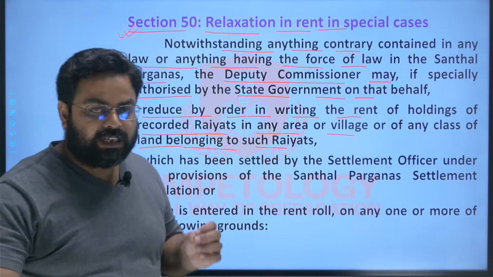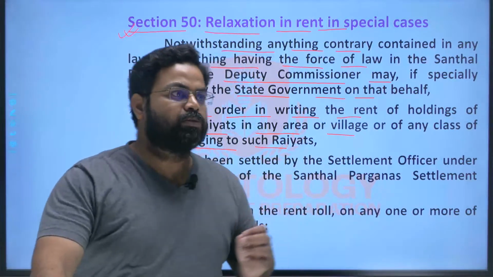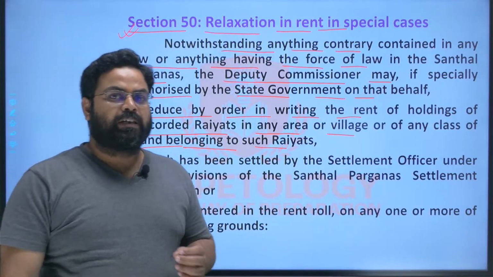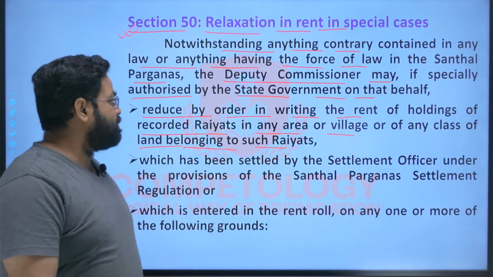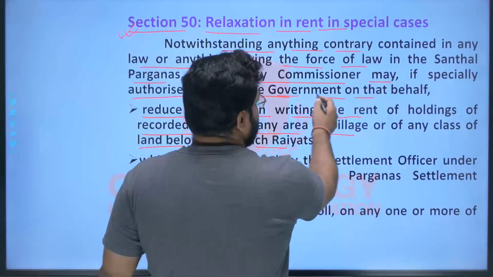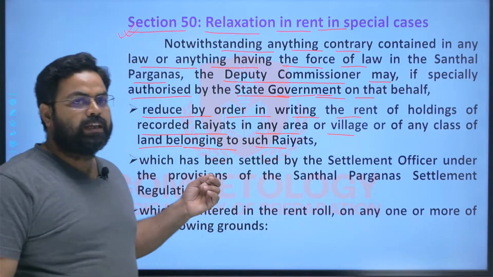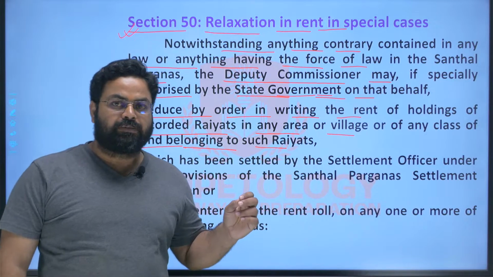So here it is clear that the DC can reduce the rent, but for that matter, he should first be authorized to do so by the state government under special circumstances. Then only he can reduce the land revenue.